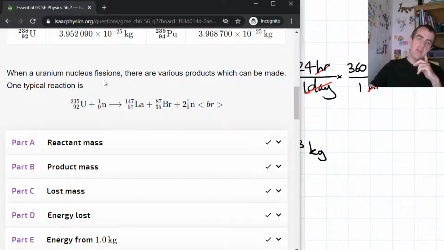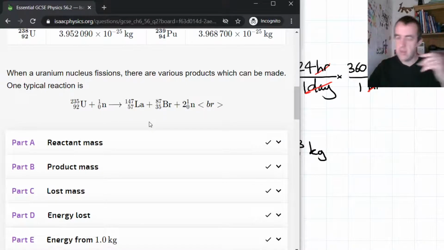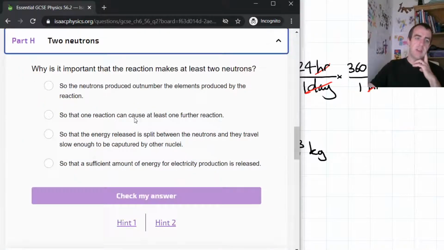If each one produces, say, 20 neutrons, you've got a lot of neutrons to absorb, because you don't want one reaction to cause 20 reactions, as you'd get a very rapid increase in reaction rate. You need at least 2 so that you can choose to absorb some, but have enough to increase the reaction rate if you want to.